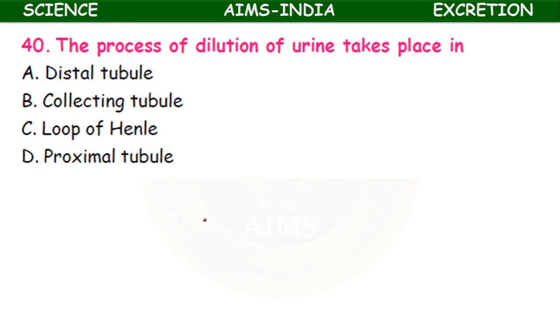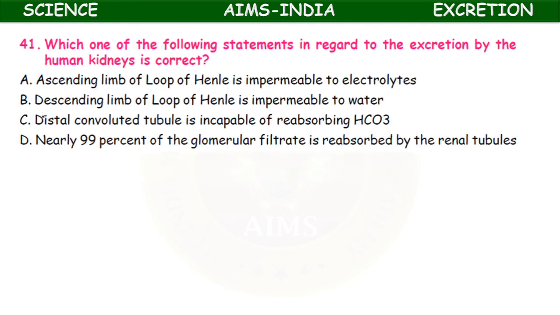The process of dilution of urine takes place in the distal convoluted tubule, collecting tubule, loop of Henle, or proximal convoluted tubule. It is the loop of Henle where the dilution of urine takes place. Which one of the following statements regarding the excretion by the human kidneys is correct?